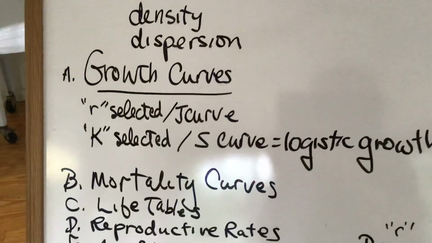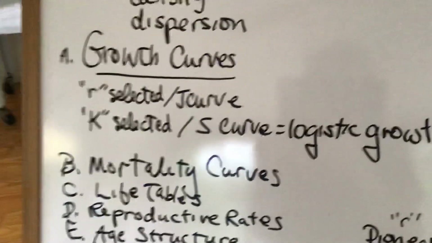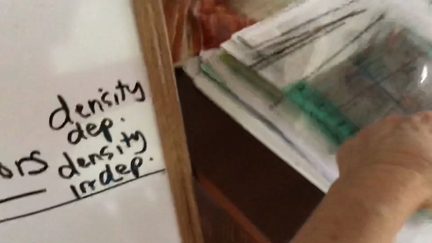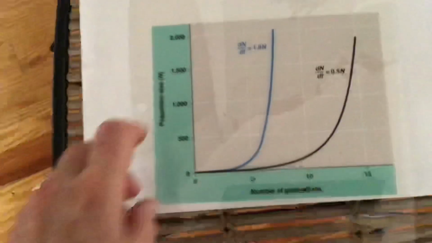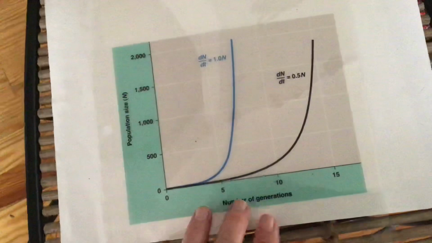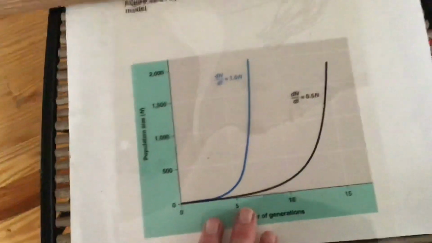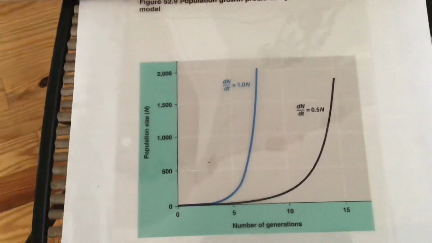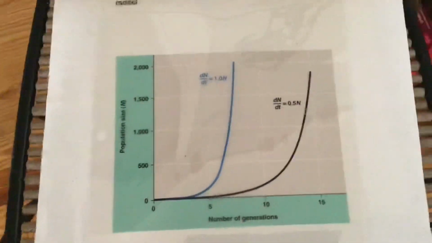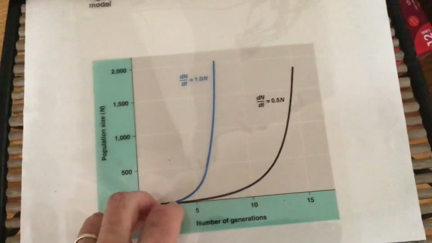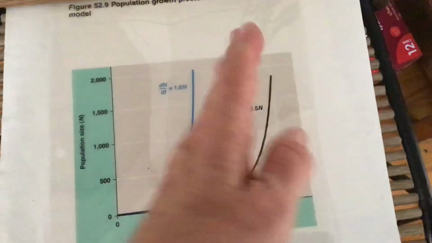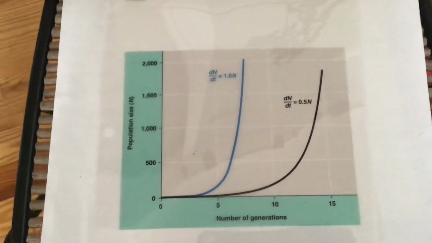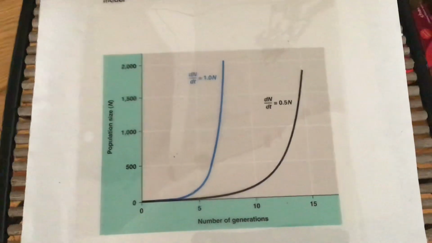This is what we call our selected species. It has to do with a curve that looks like this. This is number over here, and this is time, basically. In this case, they did number of generations. What they're saying is that most populations will start off slow and then rise up to their maximum level.